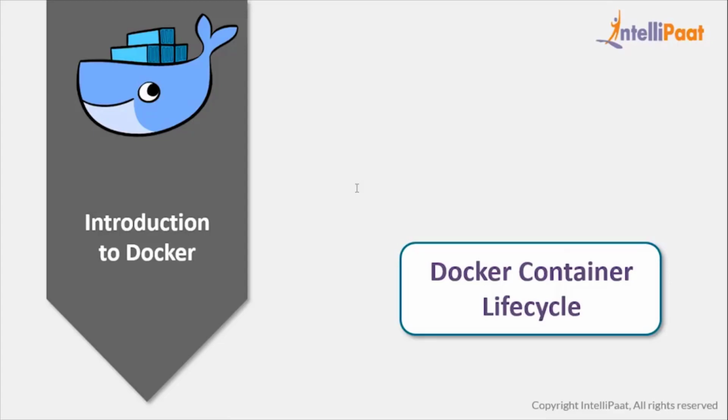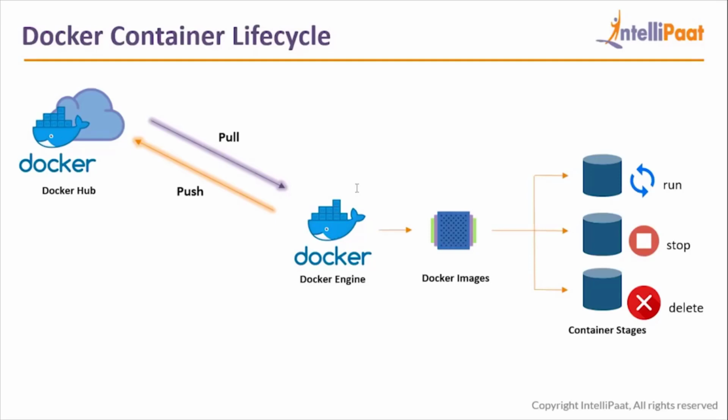Alright, so the next thing that we're going to do in this session is get acquainted with the Docker container lifecycle. This is the whole lifecycle of what a container goes through in the Docker ecosystem. Now, if you have worked on GitHub, you might know that there is a central repository.